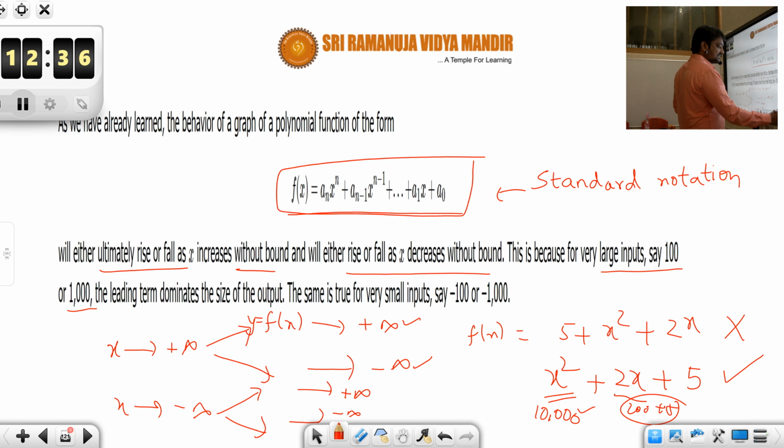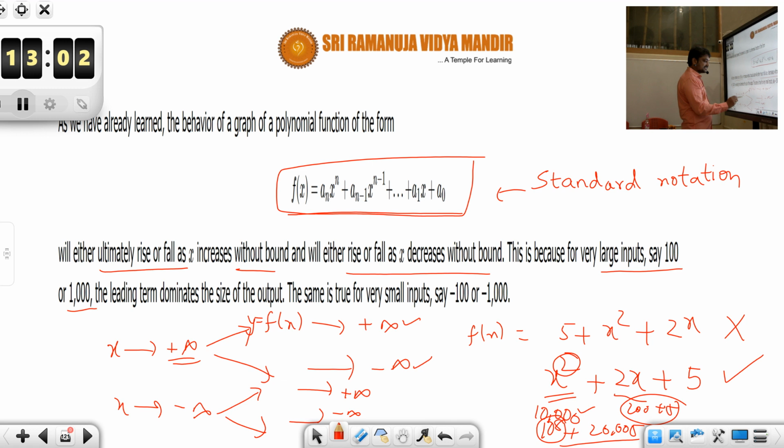So what you can observe is, as x keeps increasing, the value of this function keeps increasing indefinitely because of the degree. So in this particular case, as x tends to plus infinity, you can observe that f of x tends to plus infinity. Instead of this example, if I put a minus sign over here, as x keeps increasing, this becomes minus 10,000, minus 10 power 8.